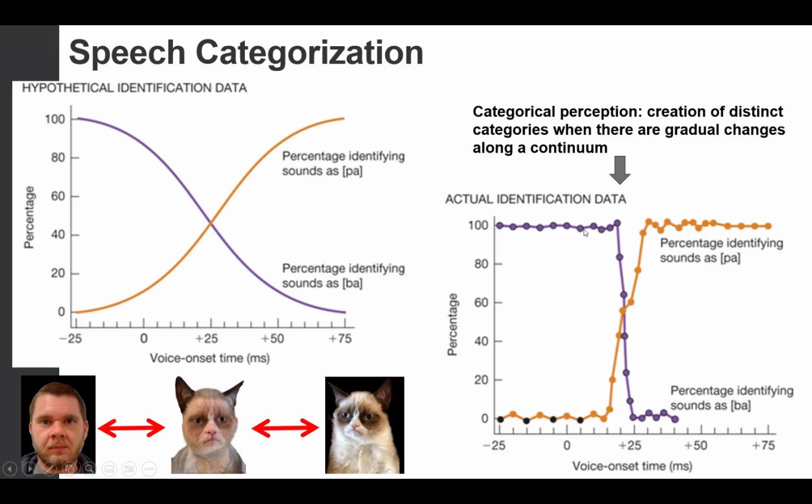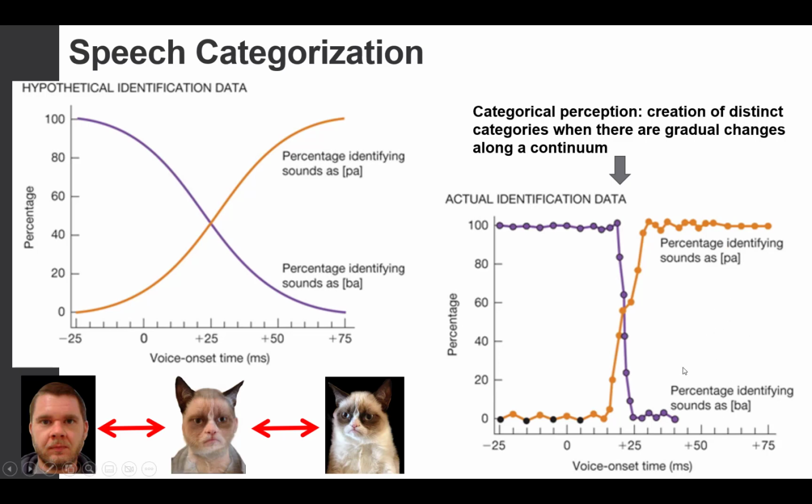Or to put that in other words, categorical perception, or these boxes, are basically saying, okay, anything within this voice onset time is categorically identified to us as a ba. Anything within these voice onset times is categorically perceived to us as a pa.